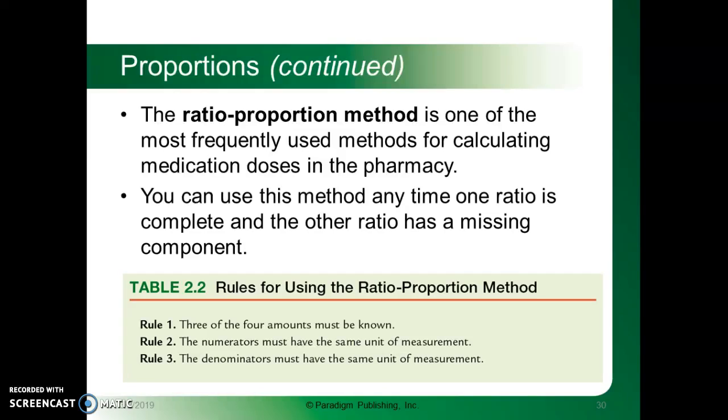Then in the other ratio, you want to know how many milligrams are in 2 grams. So the 1 gram has to be the same numerator. You would put the grams on the top and the milligrams on the bottom of the line, so the denominator will be your milligrams. And then you would use cross multiplication to solve for milligrams.